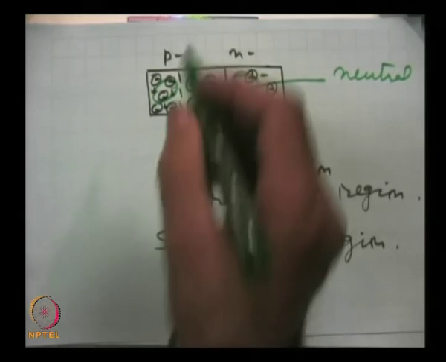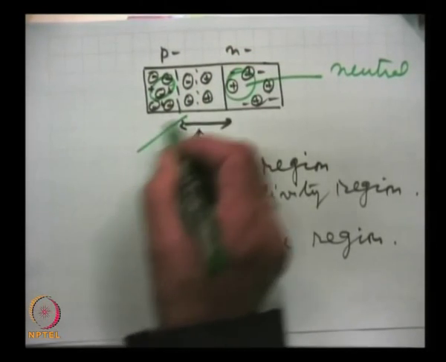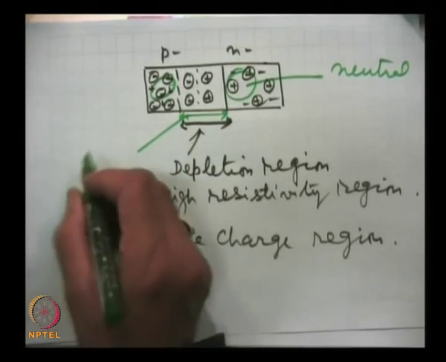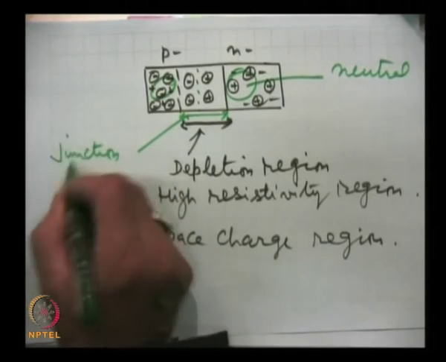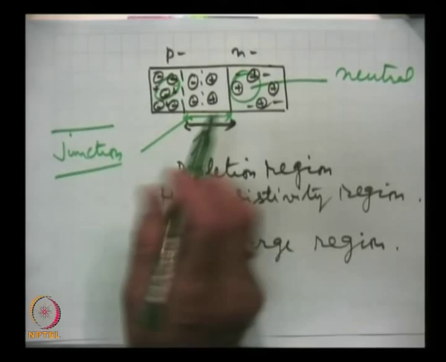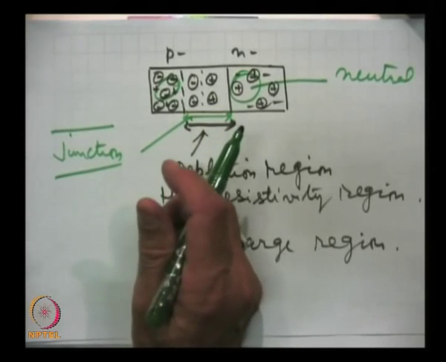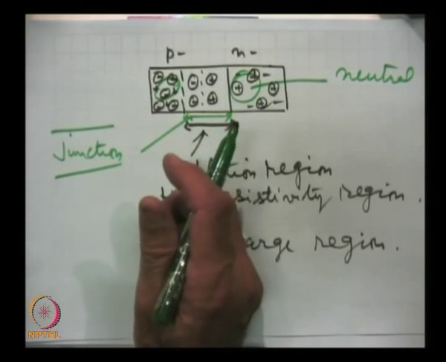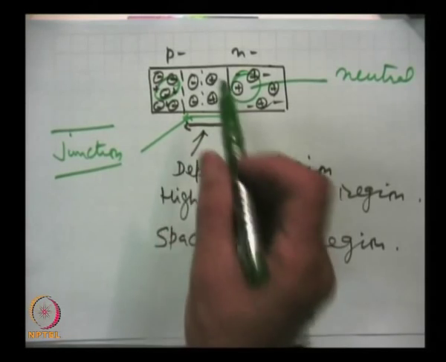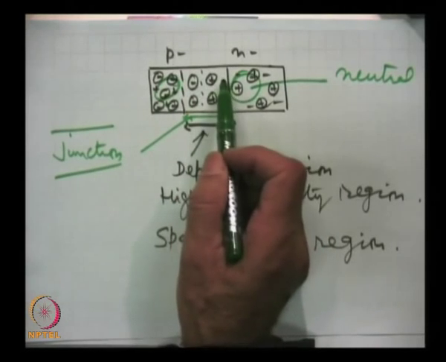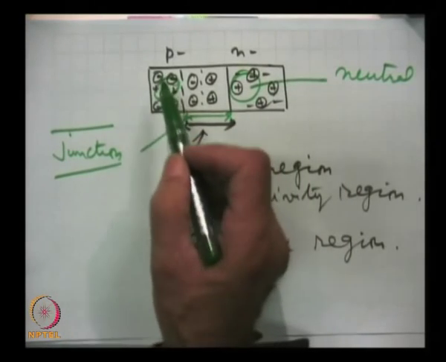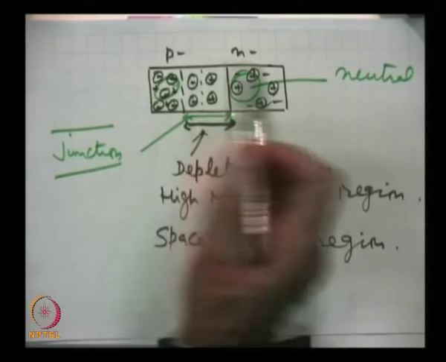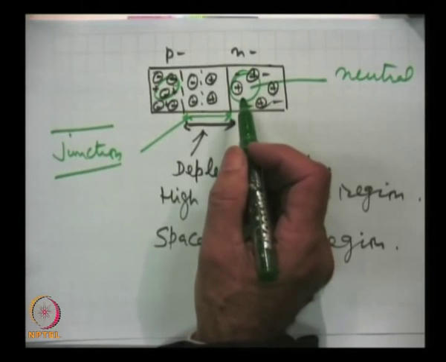This is the junction. And a very pertinent question: till how long will this diffusion of electrons from right to left and holes from left to right continue?